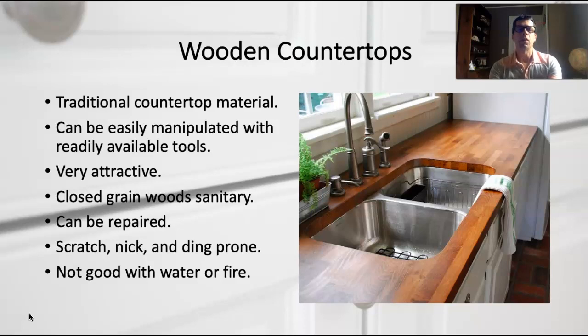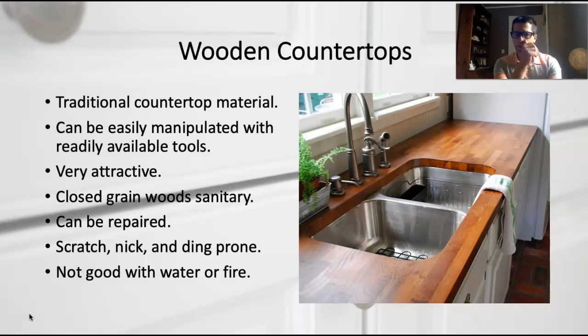Another thing we want to pay attention to with wood is that we're using closed grain woods. We want to use something like maple or cherry, something that doesn't easily absorb stains or food.